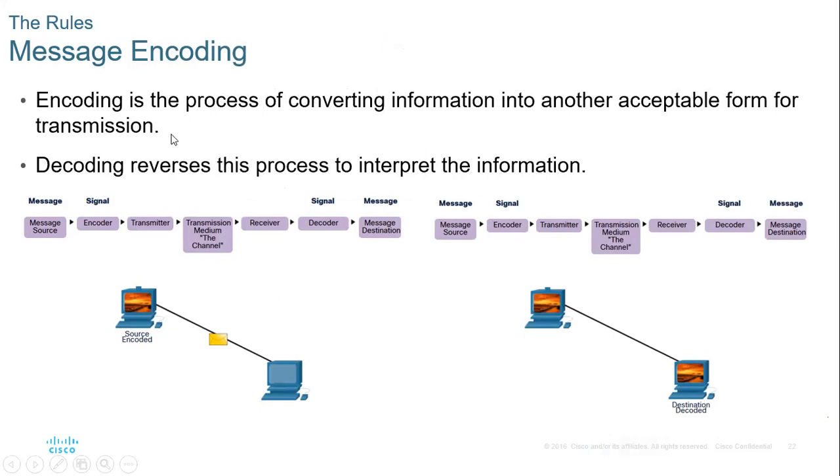Decoding is the reverse process of encoding, which interprets the information. So basically, encoding converts information into another acceptable format, and in decoding we do the reverse, decoding the message to its original form.